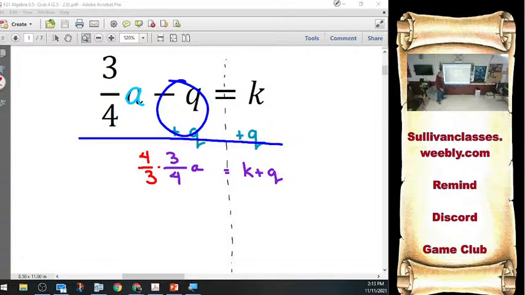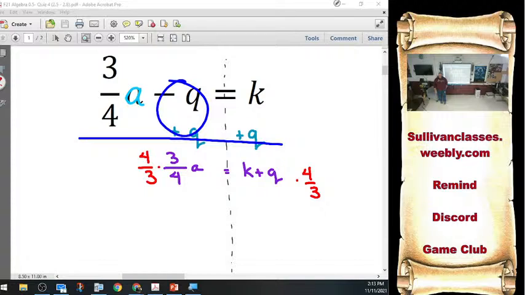Okay. Now I want to be careful about this. When I take this times 4/3, and this is why I put this in your practice problem, it's multiply both sides by 4/3. Right now, am I multiplying that side by 4/3?